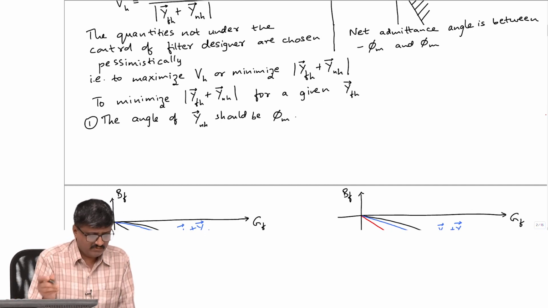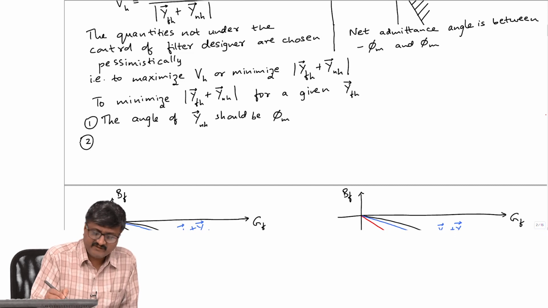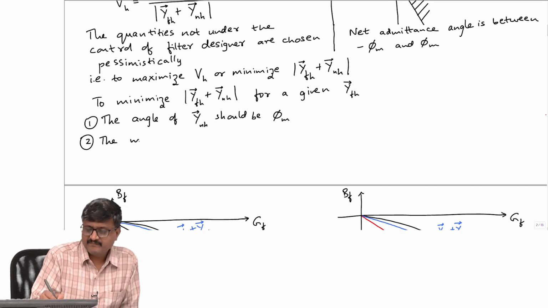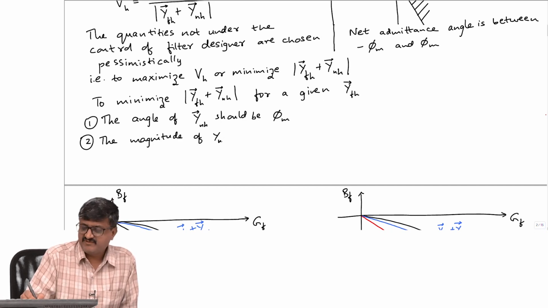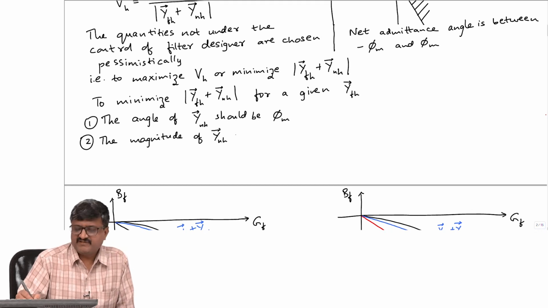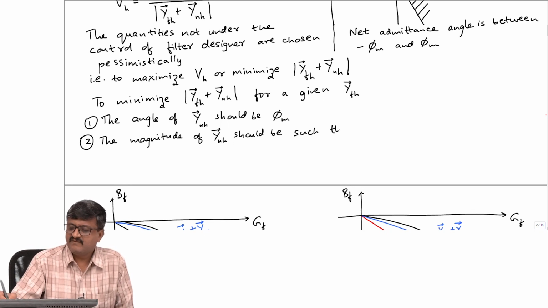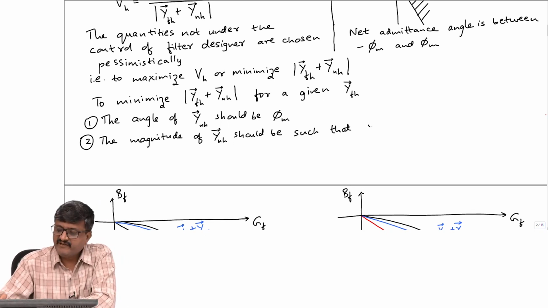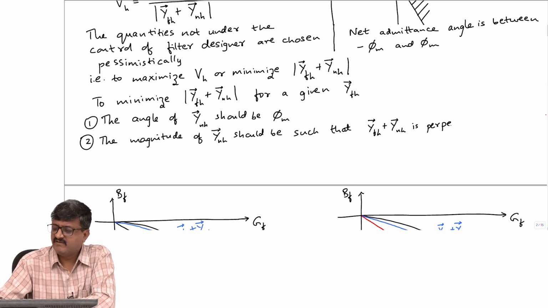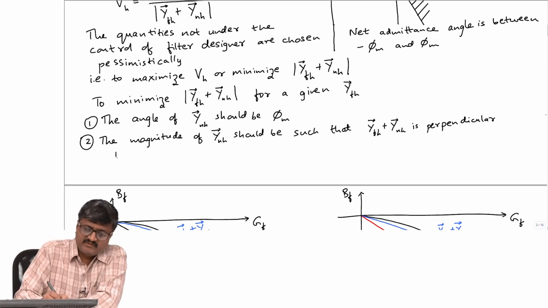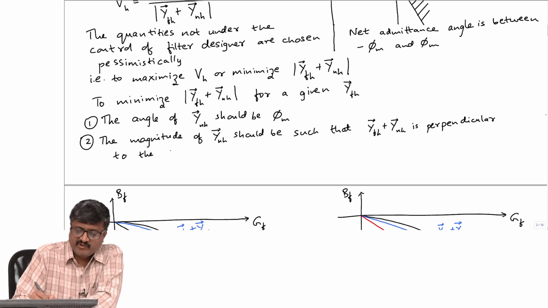Then the magnitude of y n h should be such that y of h plus y n h is perpendicular to the boundary.